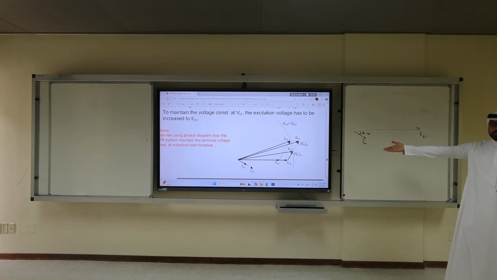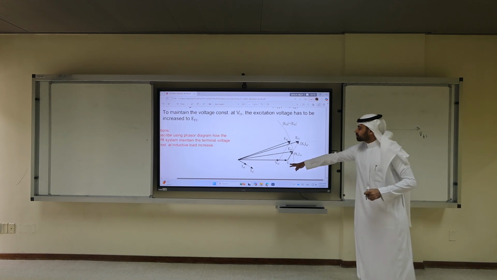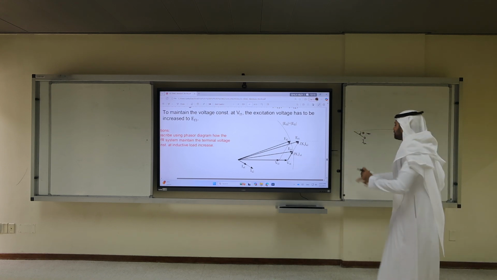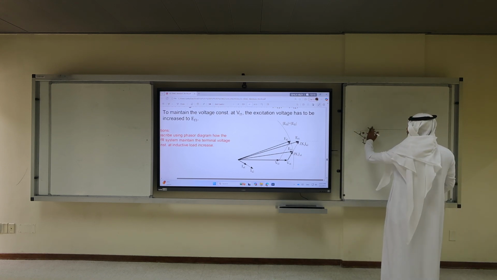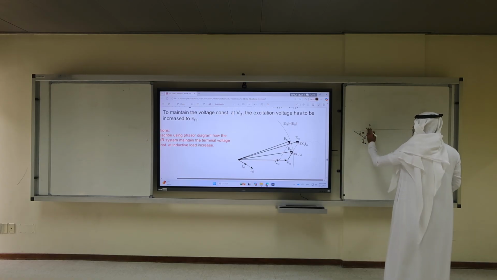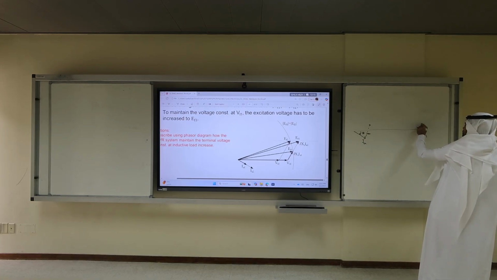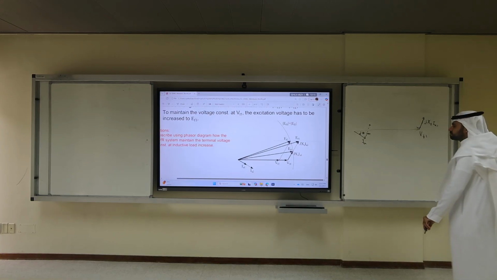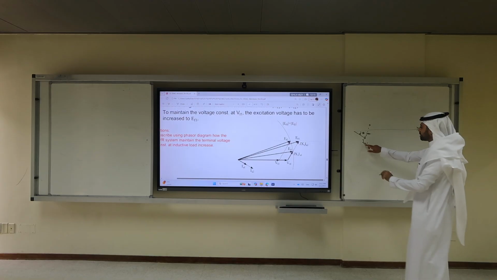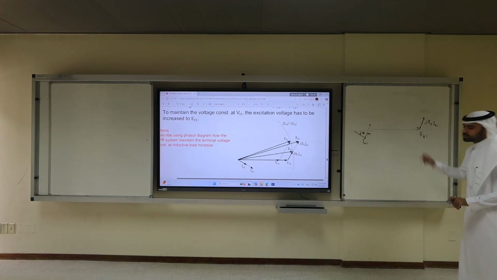From the previous example, let's find J XS I1. J means 90 degrees, scaled with XS, which is this vector. Let me move it to the tip of VT1. So this is J XS IA1, IA1 being the armature current 1 that corresponds to the terminal voltage.